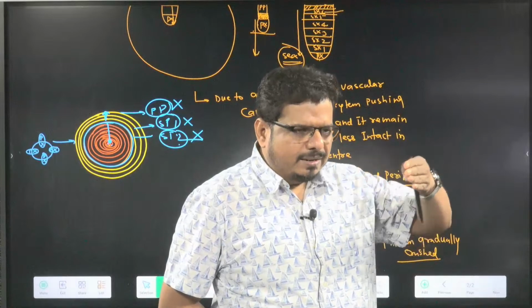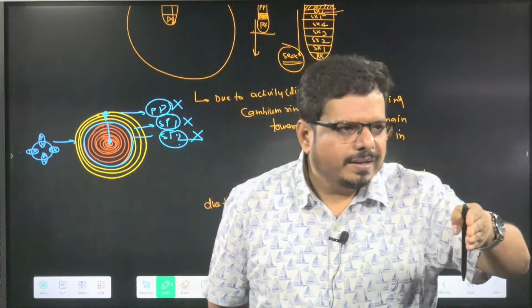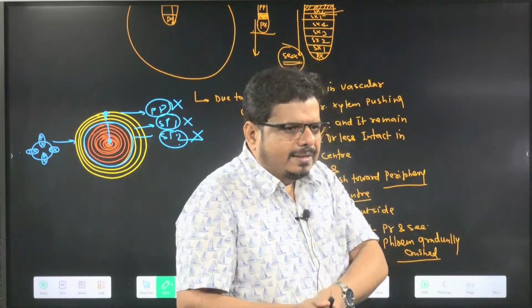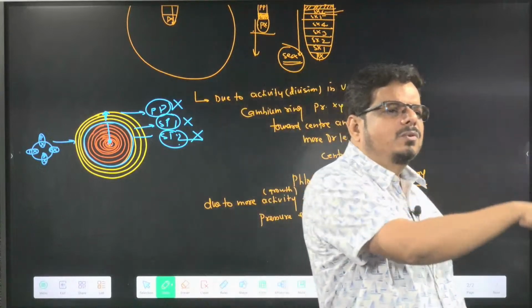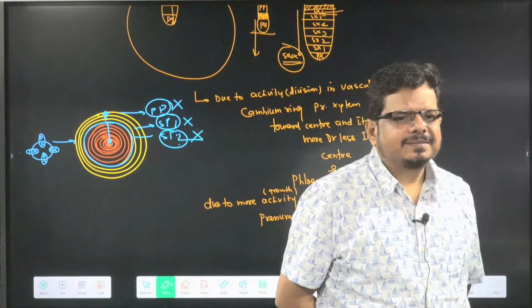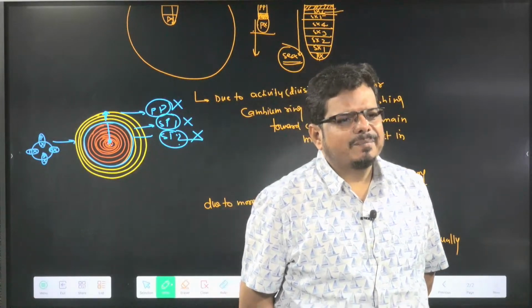So peripherally, who is pushing? Phloem. Center toward, who is pushing? Xylem. Xylem growth is more toward inside now, so pressure exerts toward outside. So who will crush? Phloem will crush. Understanding came or not?